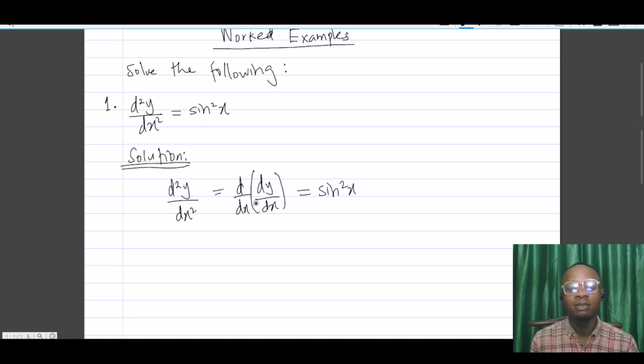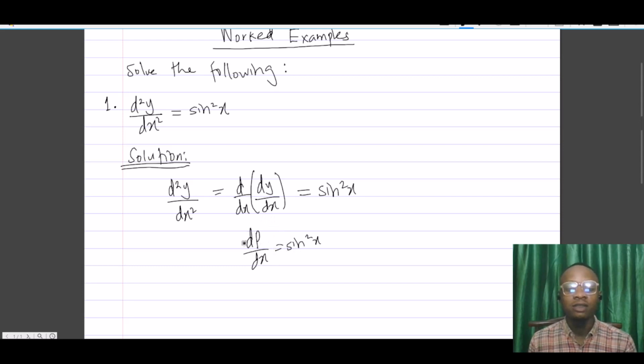So if we say let p be equal to dy/dx, this means dp/dx is equal to sine squared x, which reduces the equation to a first order ordinary differential equation, which is separable, so we can solve this the way it is and get our solution. But it means we will have to integrate sine squared x. Of course, you should know how to integrate sine squared x. You can simplify this and integrate it, which is fine.